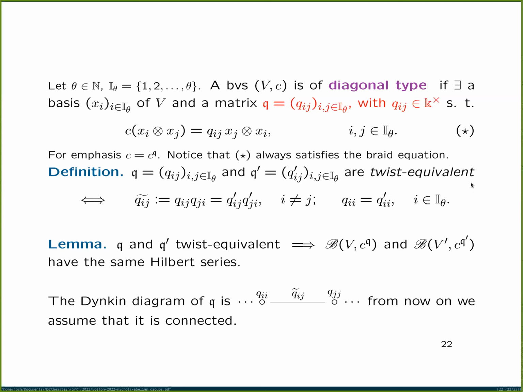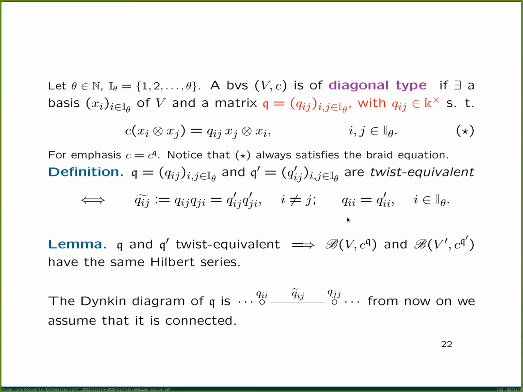Now, there is the following definition, which is technical but very useful. We say that two matrices q and q' are twist equivalent if for i different from j, q_ij q_ji equals q'_ij q'_ji. So out of the diagonal, the symmetrization is the same, and in the diagonal, the entries are the same.